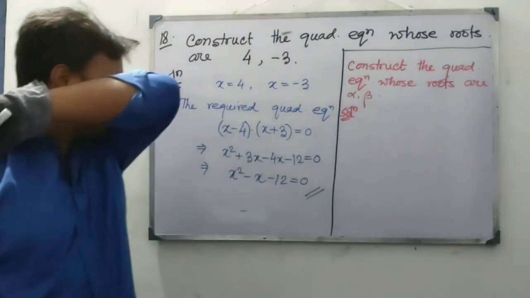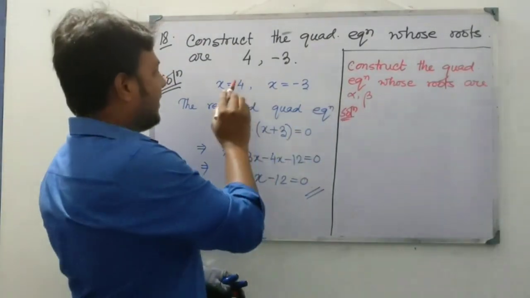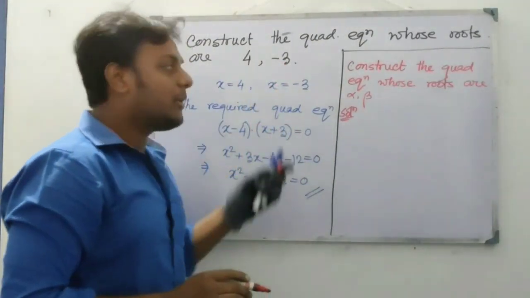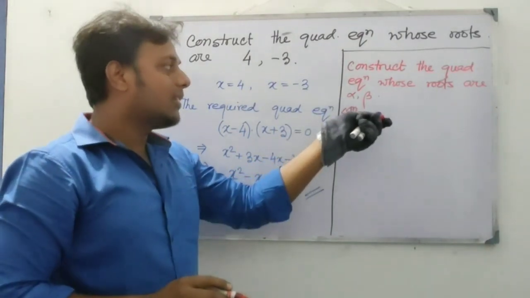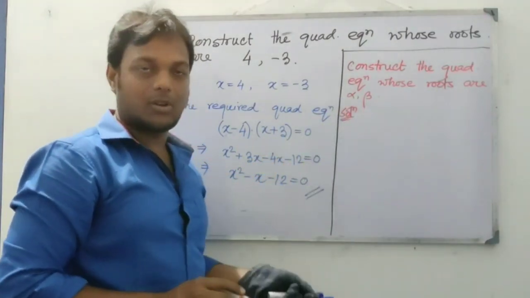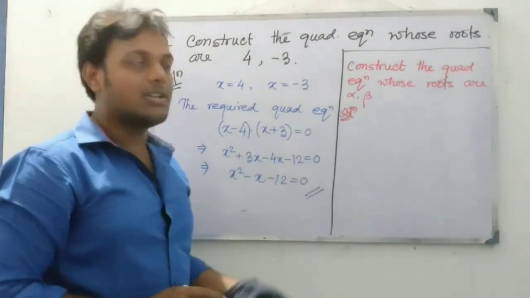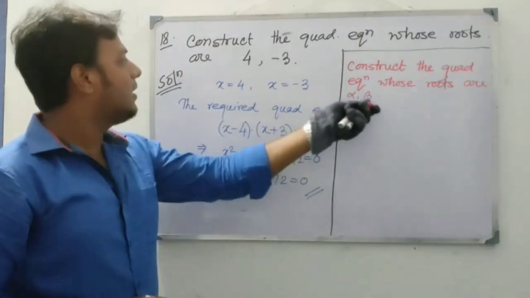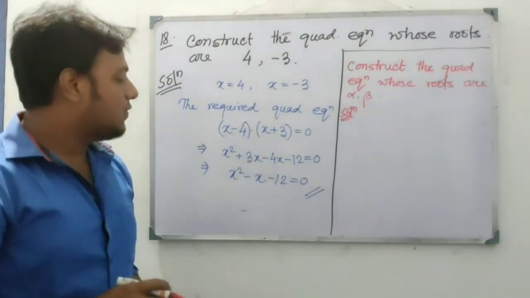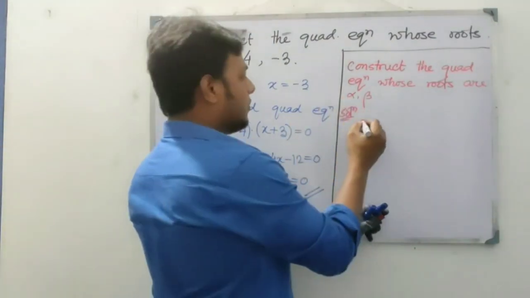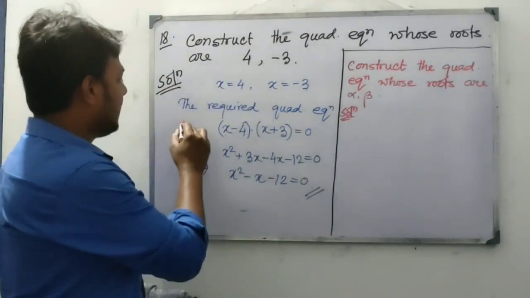Here 4 and minus 3, the particular values, were given, but we are going to solve an arbitrary problem. Okay, roots are alpha and beta. So here alpha means 4 and beta means minus 3. Understood?